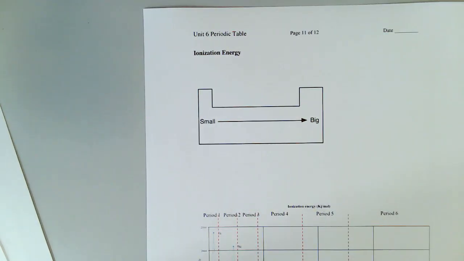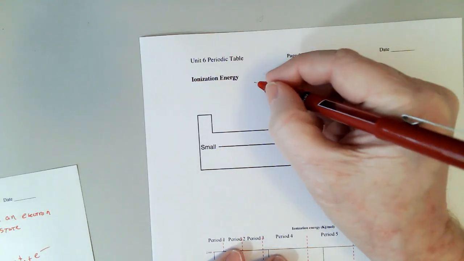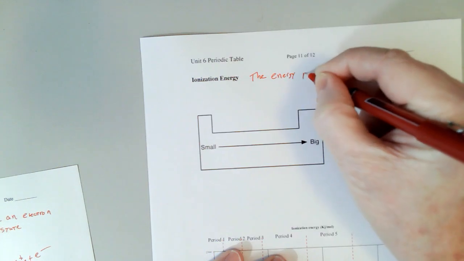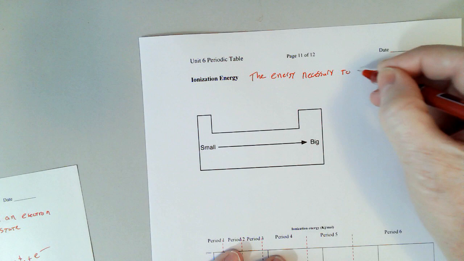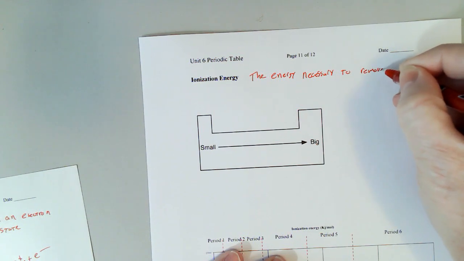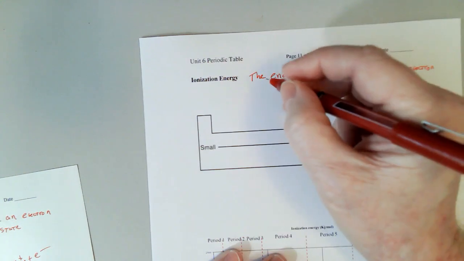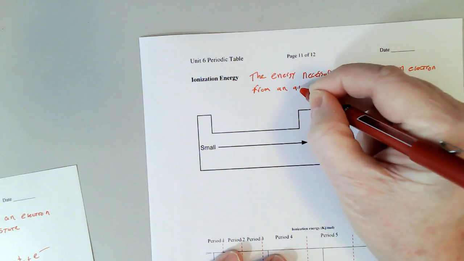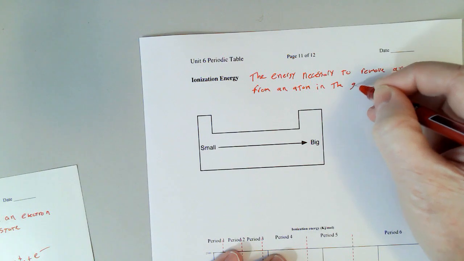Now, next we're going to go on to ionization energy. And ionization energy is probably the most important one of these for this chapter. It's the energy necessary to remove an electron from an atom in the gas state.